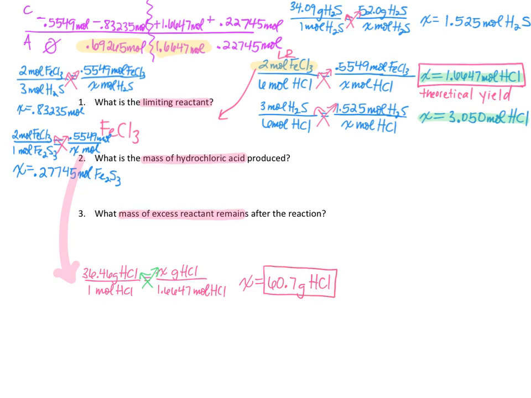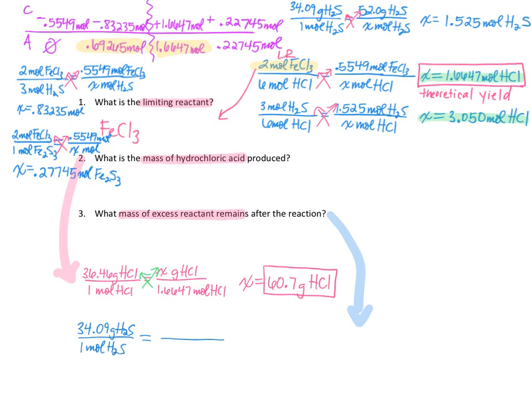And then we can change colors here again. Let's go blue. The amount of excess that forms, we're going to change also from moles into grams. Okay, so I'm going to use that molar mass of H2S from before, 34.09 grams of H2S for every 1 mole. Okay.